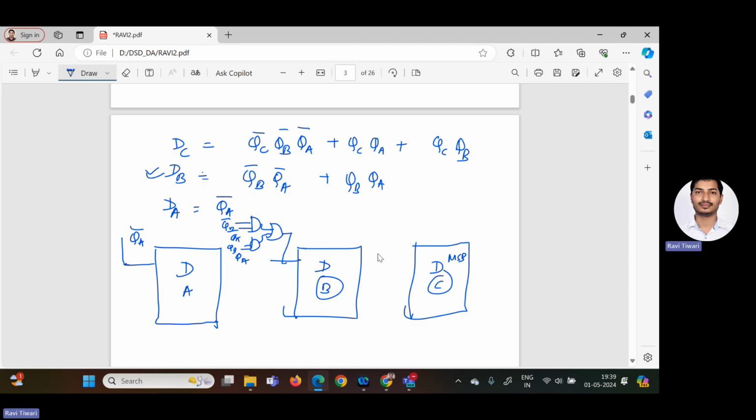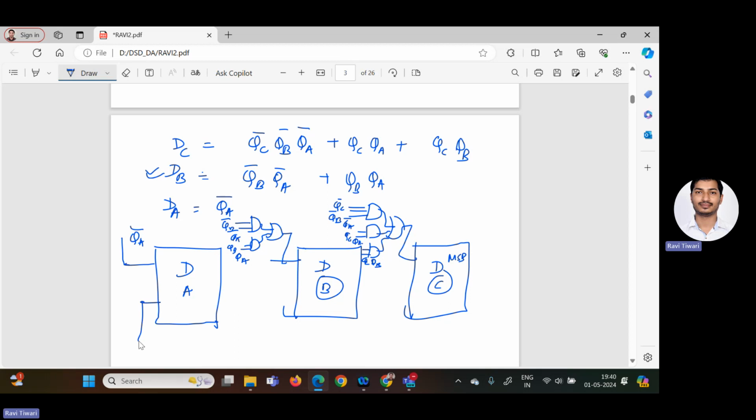Similarly, here for DC, it is 3 AND gates, 1, 2, and 3, and all will be given to one OR gate, and that will be given here. Here we have to provide QC bar, QB bar, and QA bar. Similarly, here it's QC, QA, and here it's QC, QB.